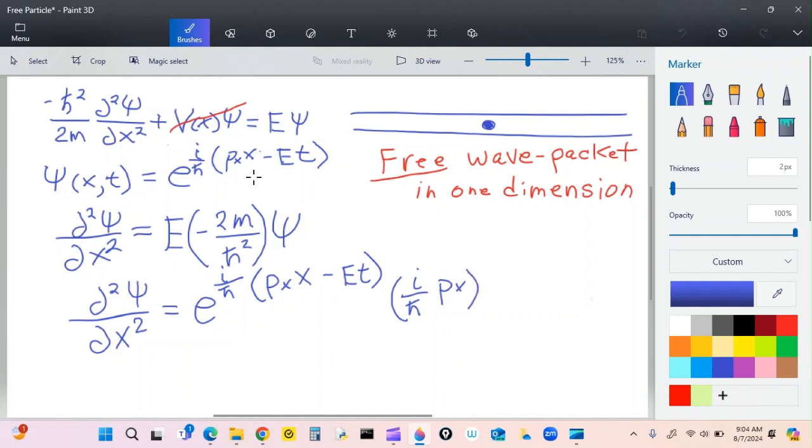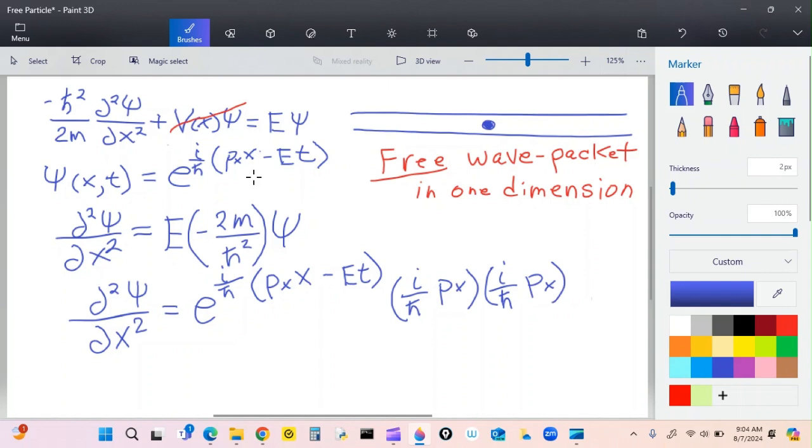And then I'll have one more of those for the second partial, which is i over h bar p in the x dimension.